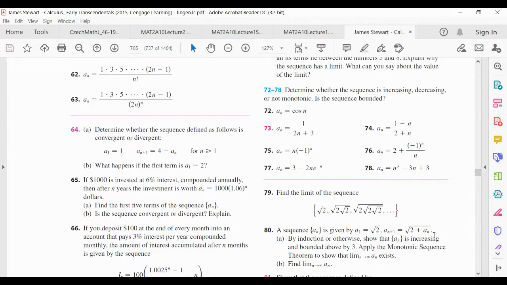Is it increasing, decreasing, not monotonic, and is it bounded? Pillay says not monotonic. Flongwane, not monotonic. Okay, so not monotonic is correct.